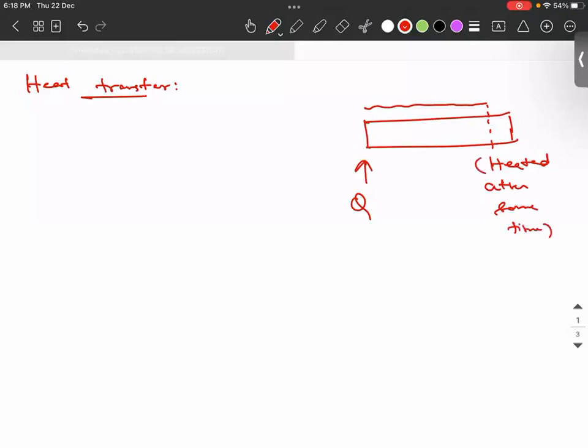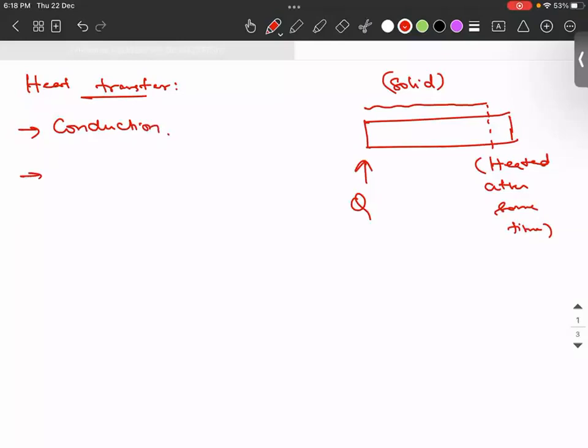Is that right? Okay. So this kind of transfer of heat which is taking place in a solid, what is it called? You call this conduction, right?